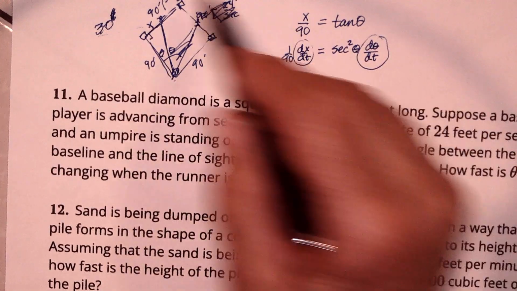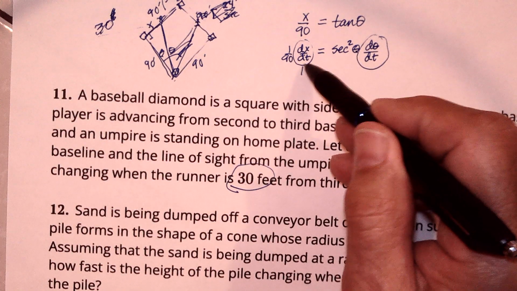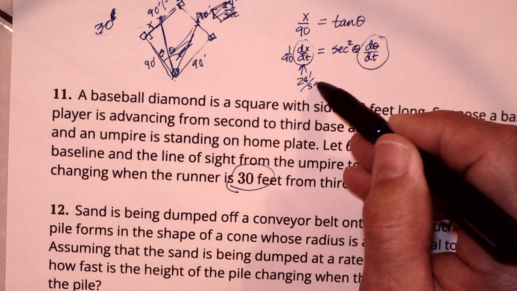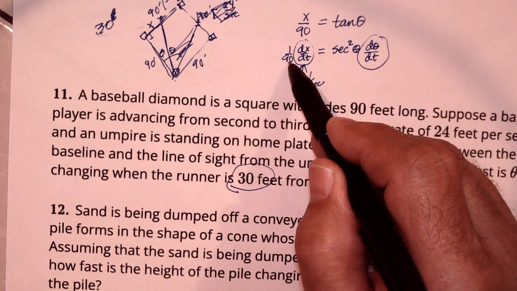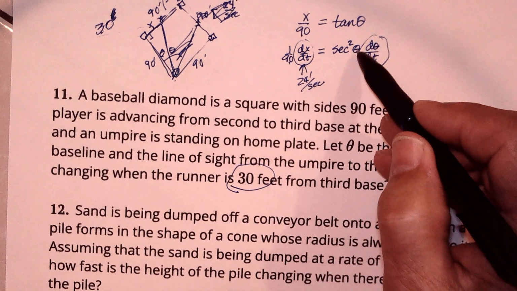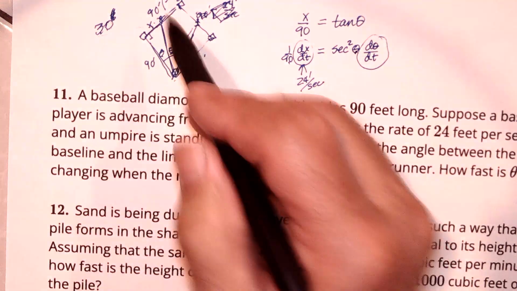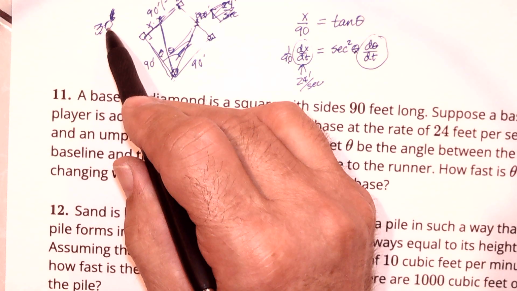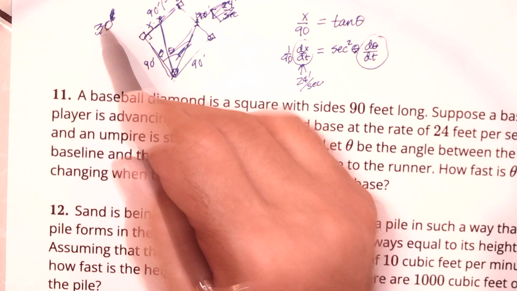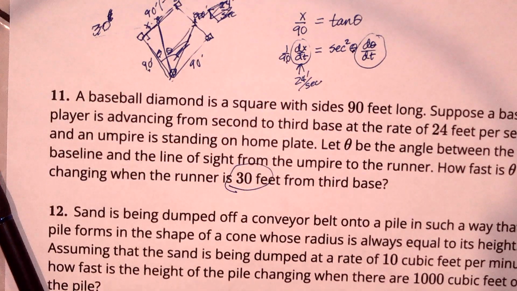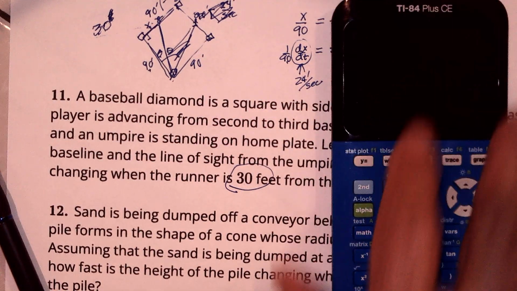So this is the 24 feet per second, and 1/90th is a number. So we're going to do tangent inverse of 30 divided by 90, opposite over adjacent. 30 divided by 90 is 1/3.